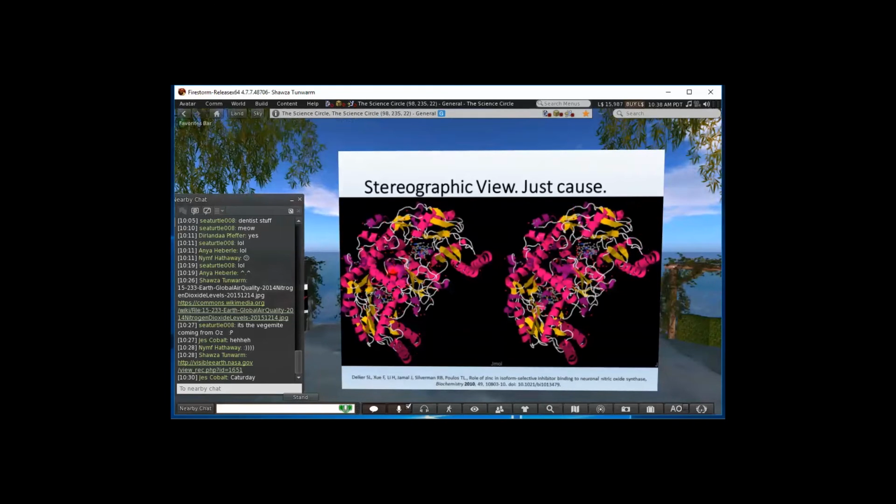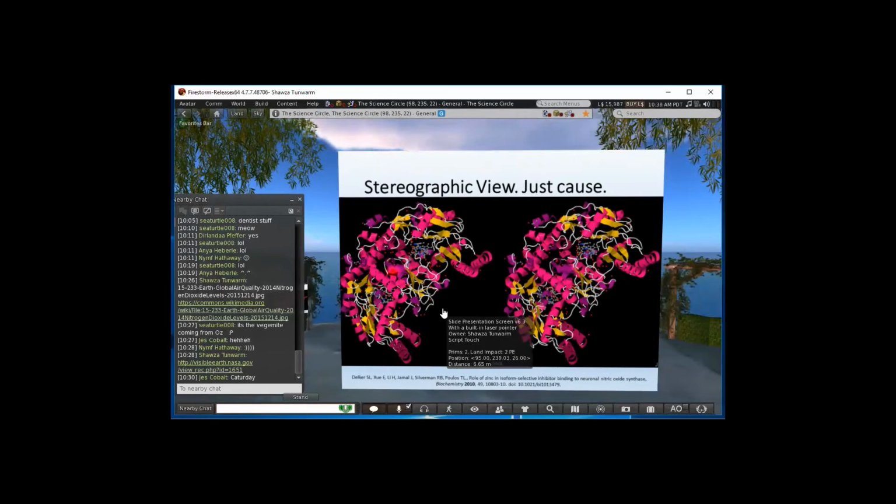And I like these magic eye views. Here's a stereographic view of the same nitric oxide synthase. I'll be setting up this viewer in the exhibit in the Science Center Consortium lands after my talk, so you guys will be able to flip through and look at all of these.